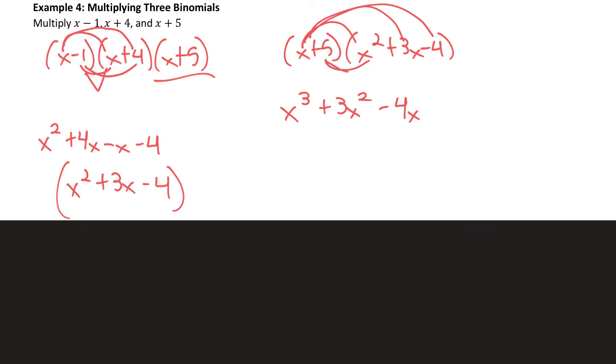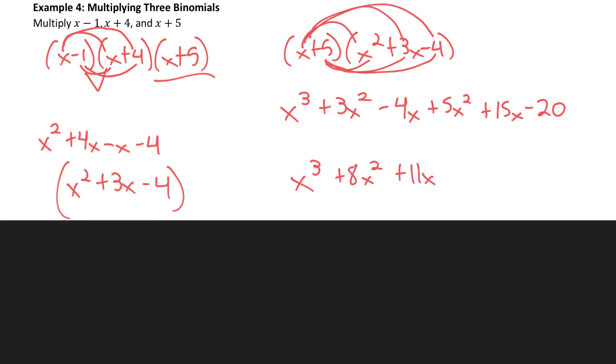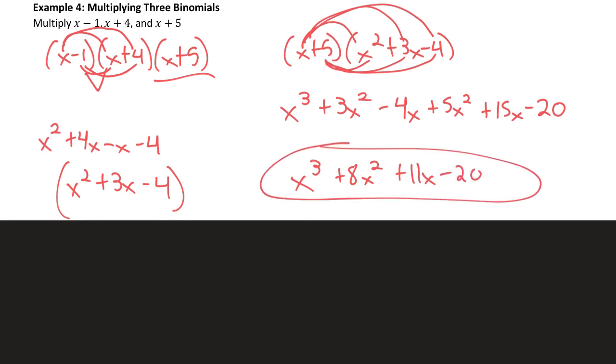Distribute 5 through, a lot of terms, 5x squared plus 15x minus 20. And then same thing as before, combine the like terms. X cubed plus 8x squared plus 11x minus 20.